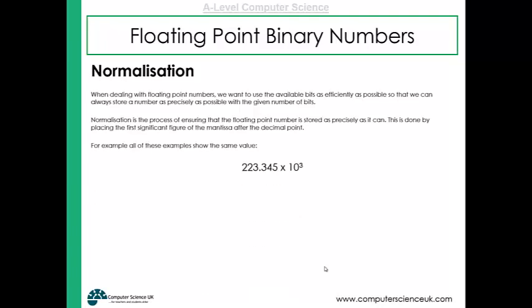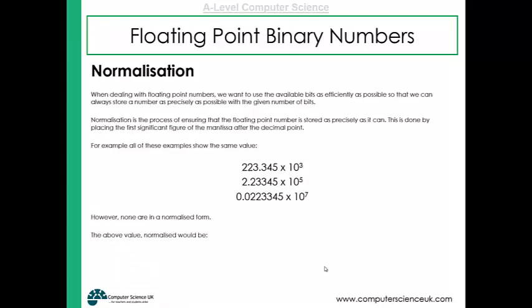So if you think about these values here, 223.345 times 10 to the 3, and you've got this value here, 2.23345 times 10 to the 5, and 0.02233345 times 10 to the 7. If you were to actually move the decimal points according to the exponents, you would end up with exactly the same value.